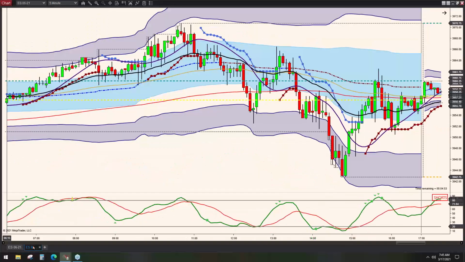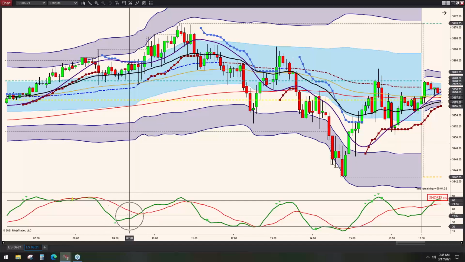So let's look at this on the 5-minute. You can see what I mean. So here is yesterday on the 5-minute. Realistically, this would have been the entry right here, getting above the super trend stop. Stochastics in line. Back here, where price was breaking the super trend stop, the stochastic was not in line to take that.